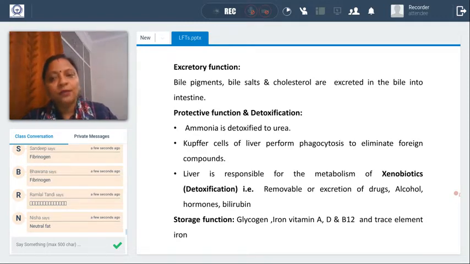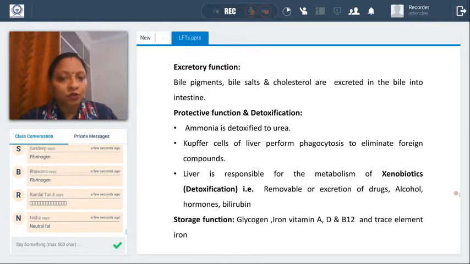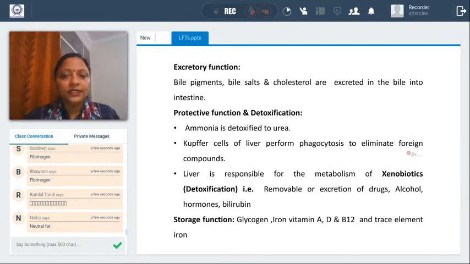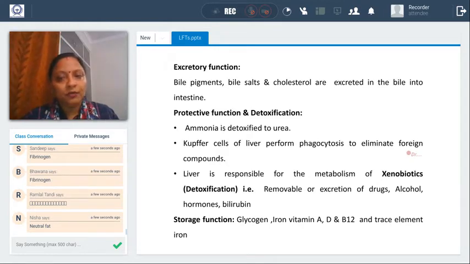The liver is responsible for the metabolism of xenobiotics, that is called detoxification, that is removal or excretion of drugs, alcohol, hormones, and bilirubin. We will discuss in detail the metabolism of xenobiotics in the next class.